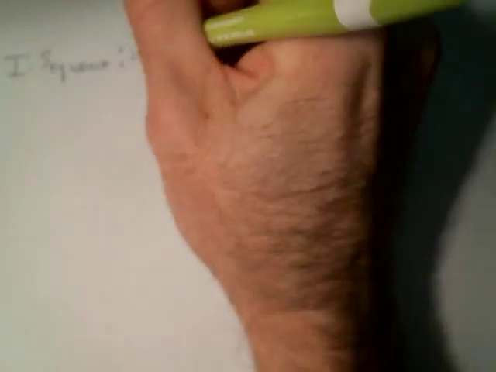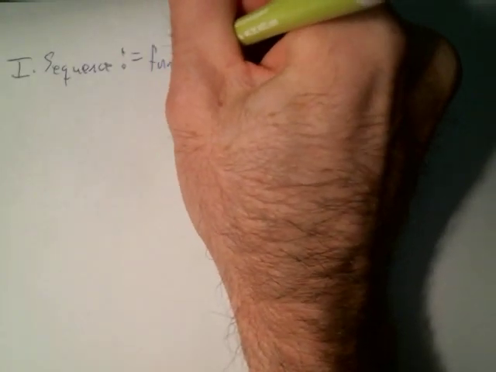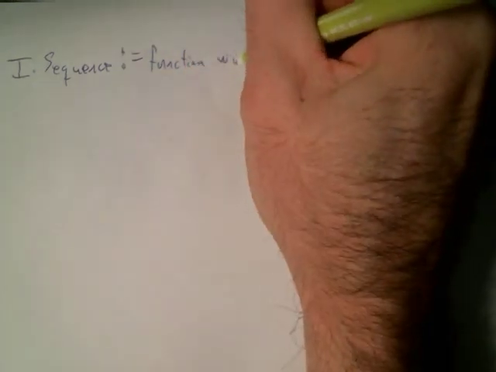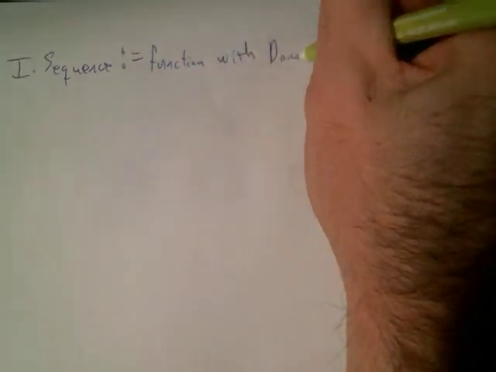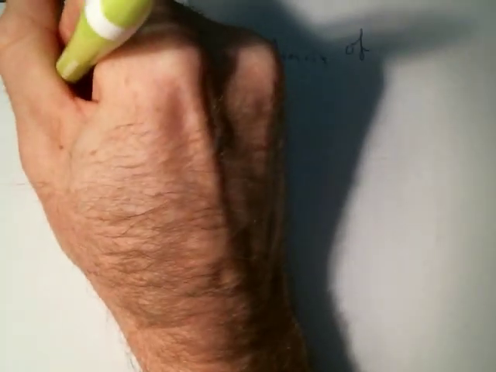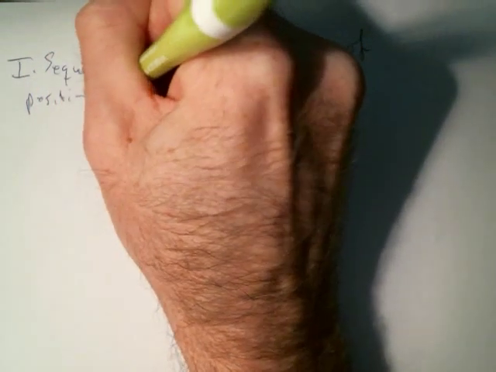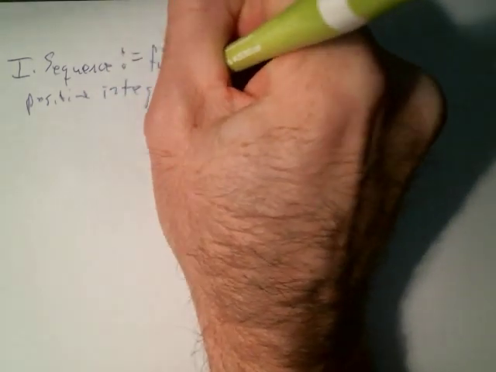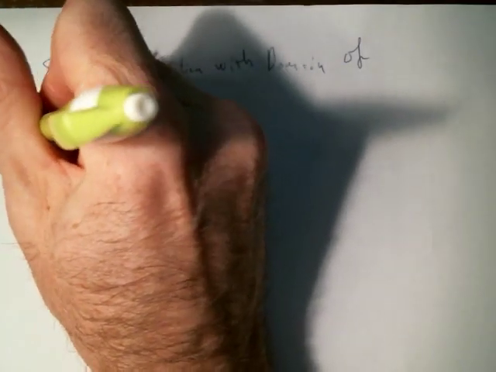It's basically a function, but it has a restricted domain. We restrict the domain to the set of positive integers. Okay. So any function we've already worked with can be thought of as a sequence.